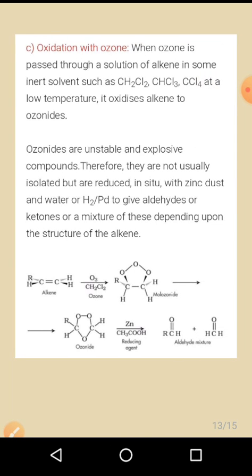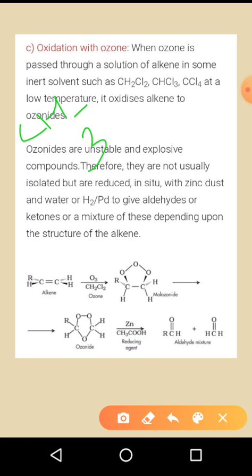So in that case, if you take propene as the molecule, that is CH3CH double bond CH2, upon reacting with the ozone O3 molecule, it will produce one intermediate compound.